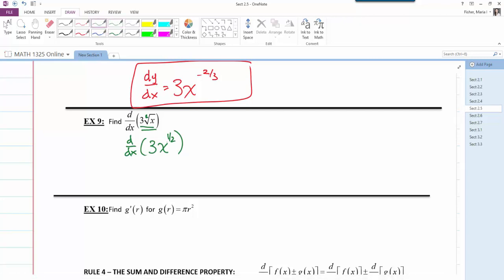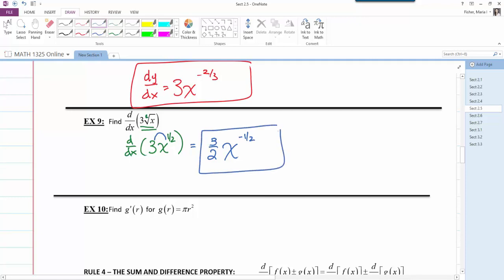So we multiply 1/2 times 3 is 3/2 x, and then we subtract 1/2 minus 1, and again, you can use the calculator for that. I'm going to stop using the calculator. I think you can do that on your own, and you end up with negative 1/2. So the derivative of 3 square roots of x is 3/2 x to the negative 1/2.